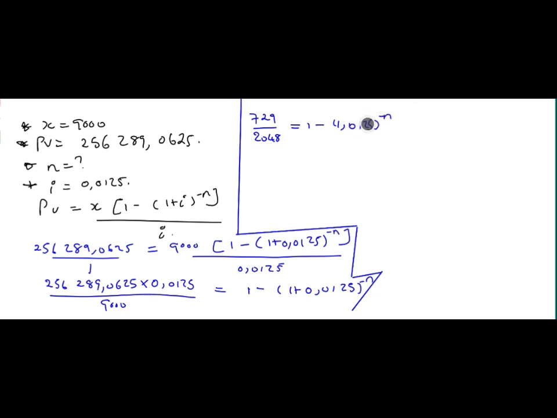Not forgetting that that's all we're actually looking for. So I'm just going to switch the 2 up. All right, let's switch the 2 up. I'm going to have 1.0125 power minus n equals 1 minus 729 out of 2048.